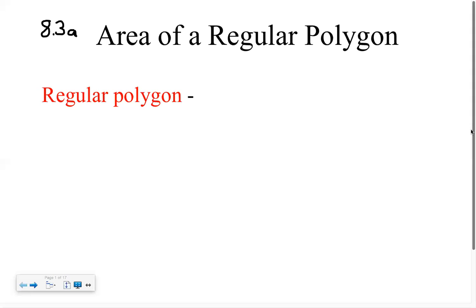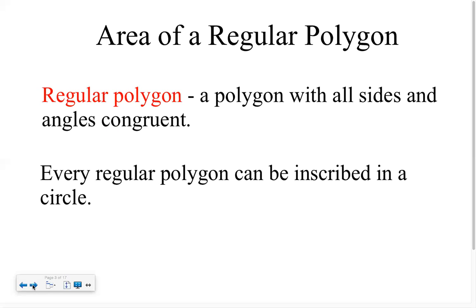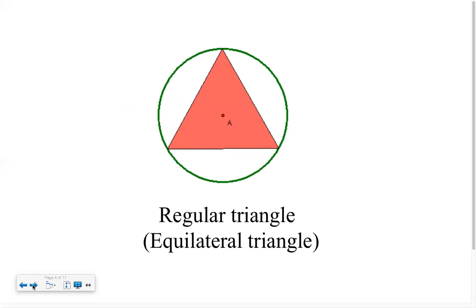Real quick recap. I'm just going to blow through a lot of these things because it's all stuff we've done before. Regular polygon: a polygon with all sides and angles congruent. Every regular polygon can be inscribed in a circle. We have not talked about this, but if we were to take every one of our regular polygons we've worked with, you can put their vertices on a circle.